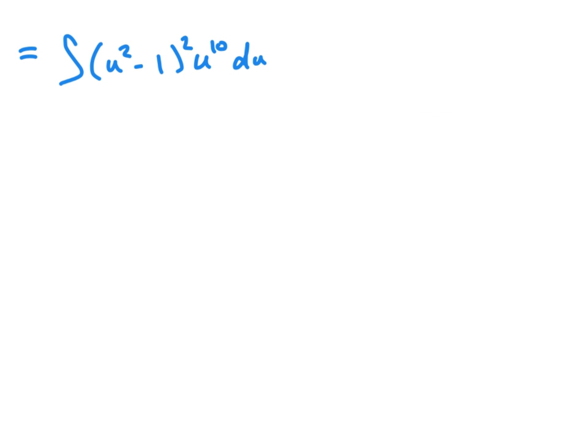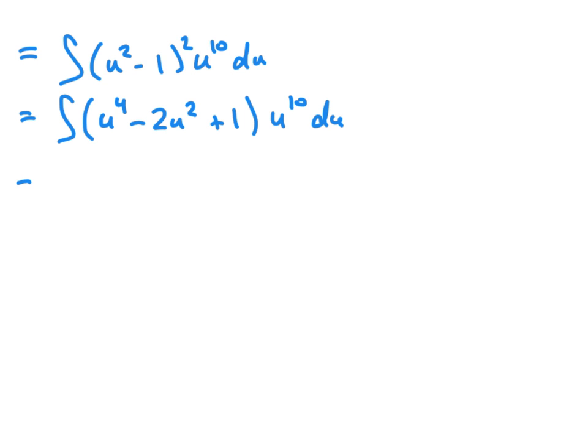So picking up with this integral, we're going to expand the u squared minus 1 quantity squared to get u to the fourth minus 2u squared plus 1. We'll then distribute the u to the 10th, and we'll have u to the 14th minus 2u to the 12th plus u to the 10th.